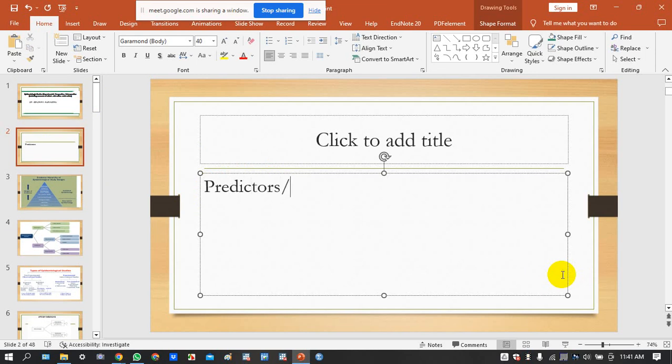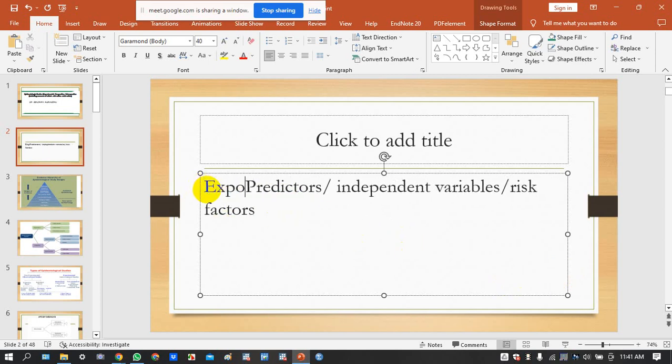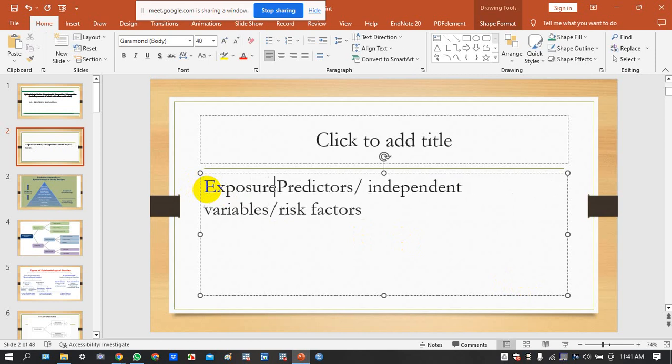They are also called independent variables. They are also called risk factors. So what are the risk factors or causes of the disease? This thing is called exposures.